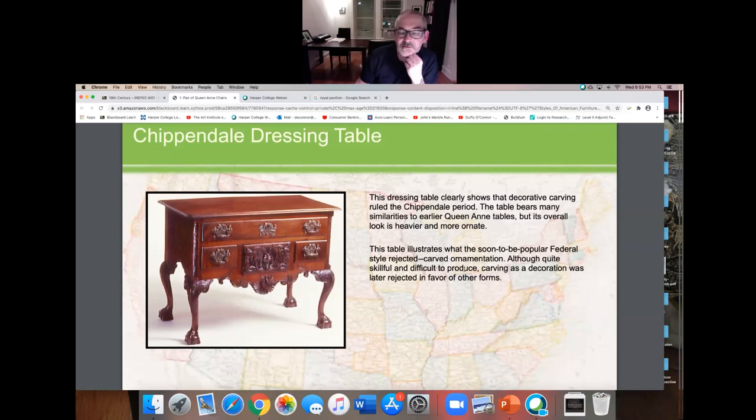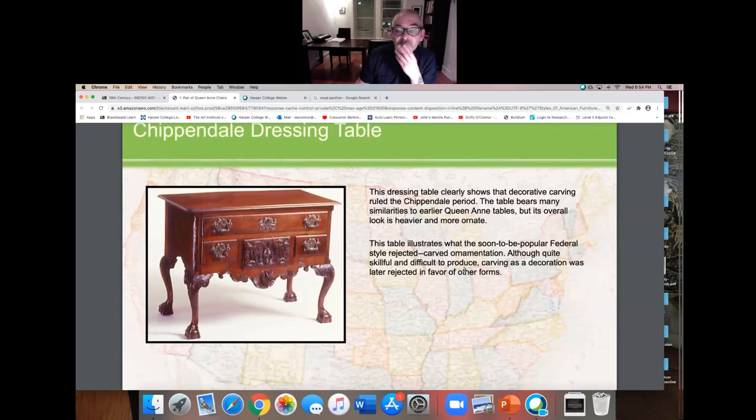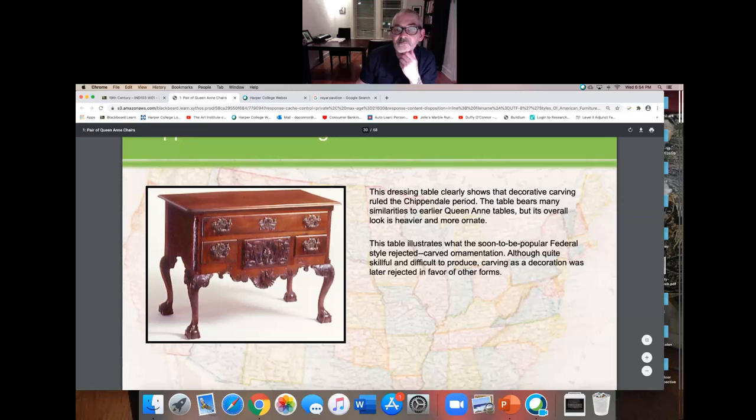Chippendale dressing table. So here, this states that the table illustrates what the soon-to-be popular federal style rejected, carved ornamentation.